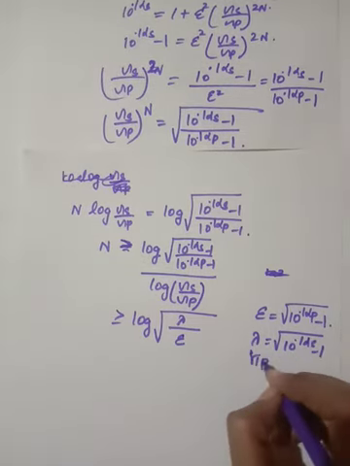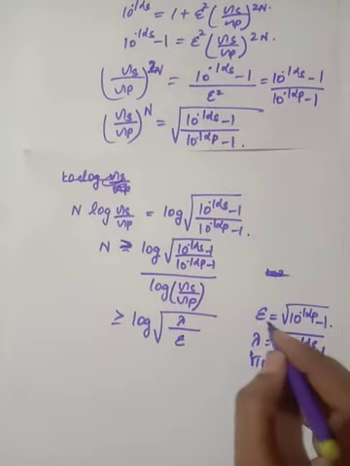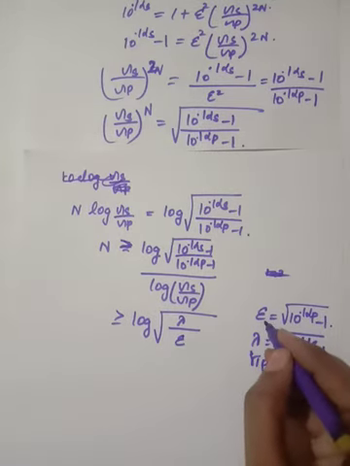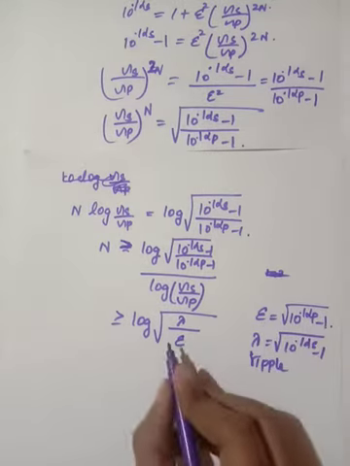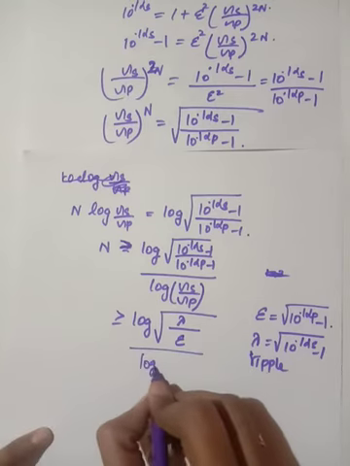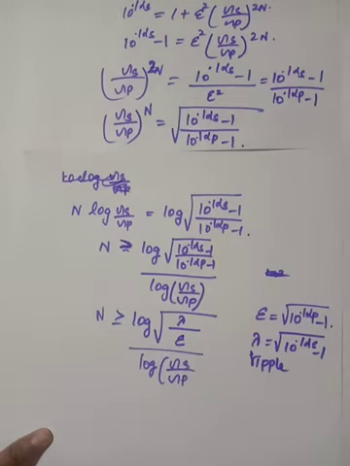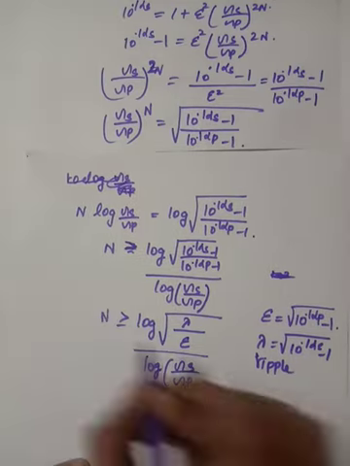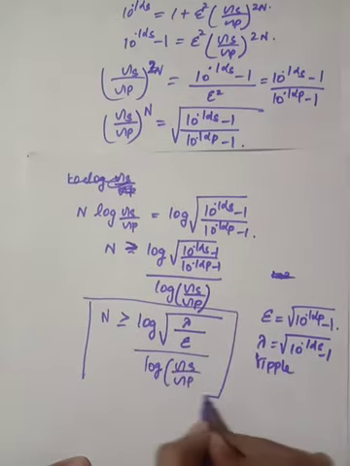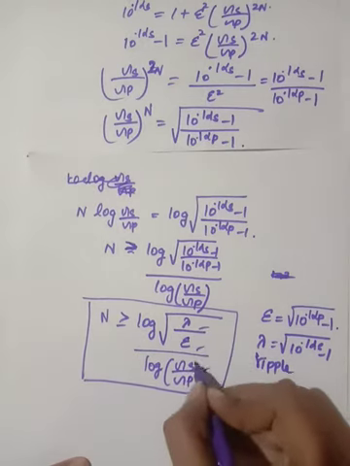This is the ripple in the stop band. This is the ripple parameter related to ripple in the pass band, divided by log of omega s by omega p. So n is greater than or equal to this. This is the formula to find n from the given parameters.